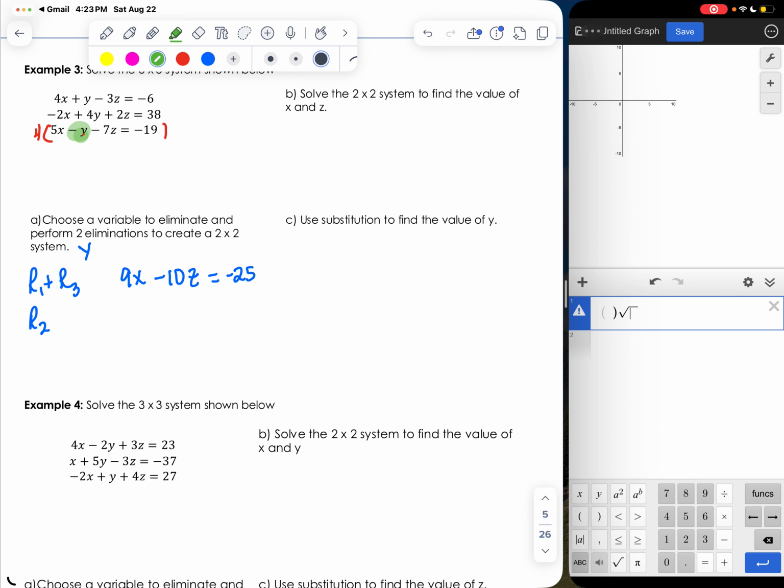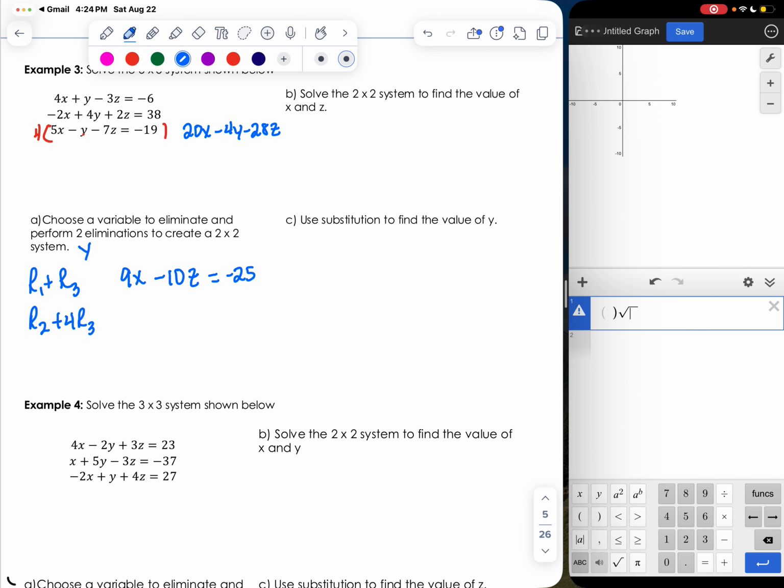So let me write down what we're going to do down here. We're going to combine row 2 with 4 times row 3. In other words, I'm going to multiply row 3 by 4. So let's see what I get when I do that. 4 times 5x is 20x. 4 times negative y is negative 4y. 4 times negative 7z would be negative 28z.